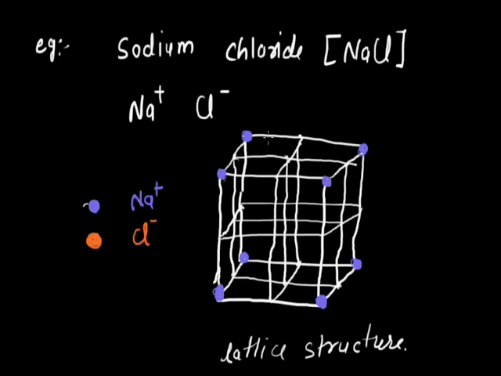This is the upper face of this cube, and this is the center of the face. One Na plus ion is present here, and this is the lower face of this cube, so a second Na plus ion is present here. This is a side face, and one Na plus ion is present here, and this is another face, so another Na plus ion is present here.